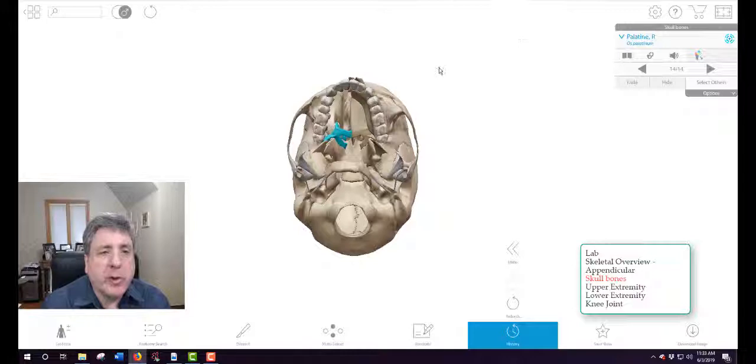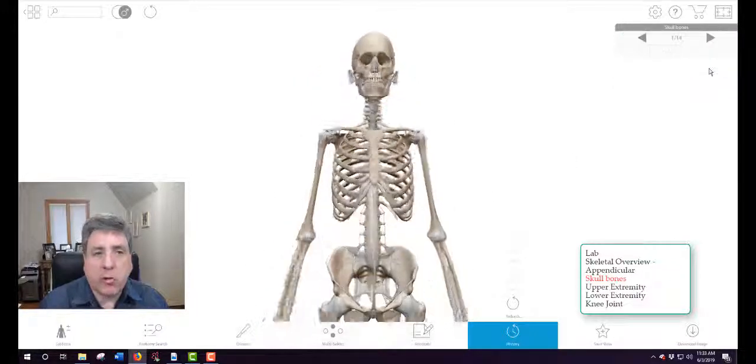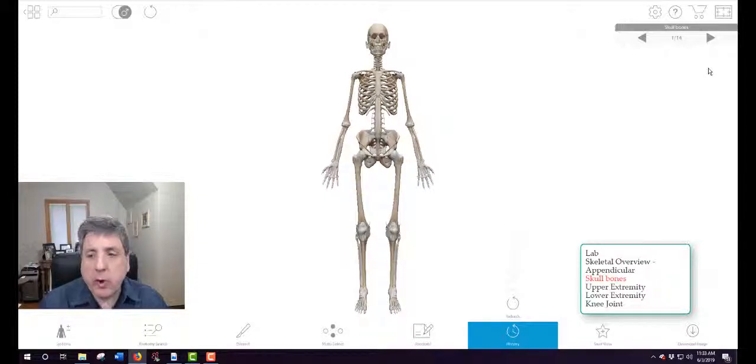You will also be responsible for naming various structures of the bone or various components within the bone itself. That information can be located on the software. Let's just go through this really quick. So if you don't have the program yet and you are wanting to get this, let's just look at this.